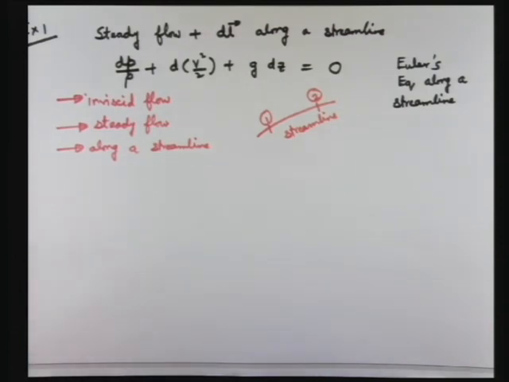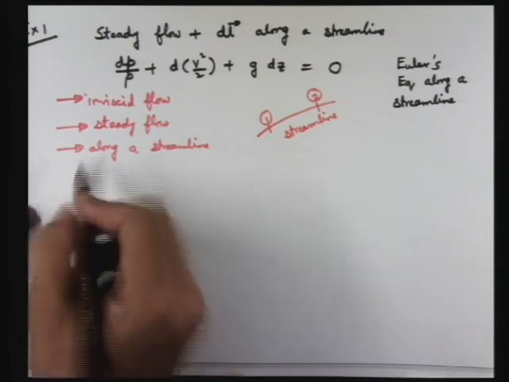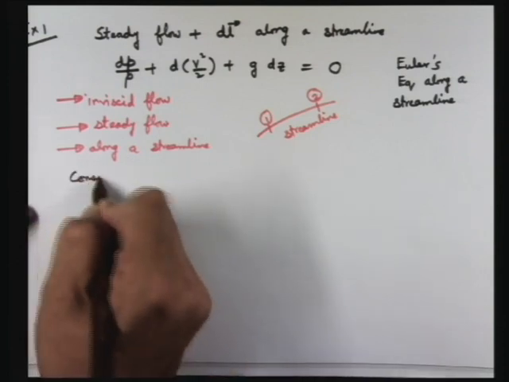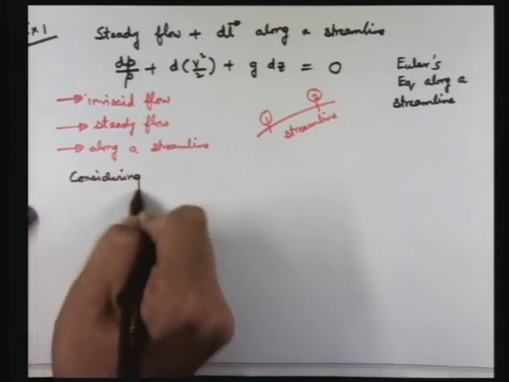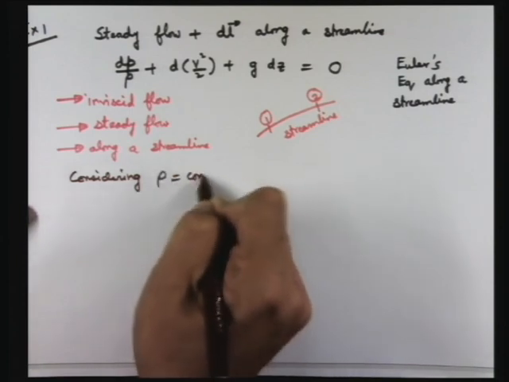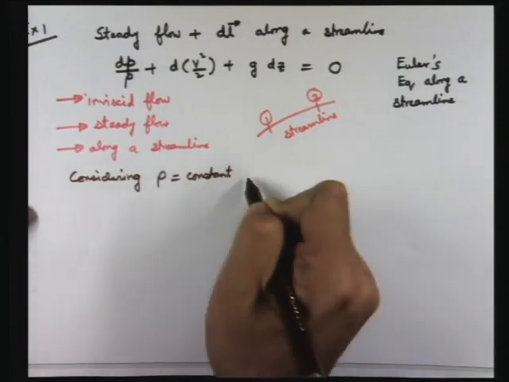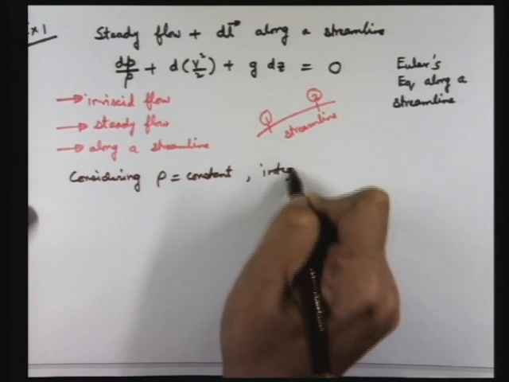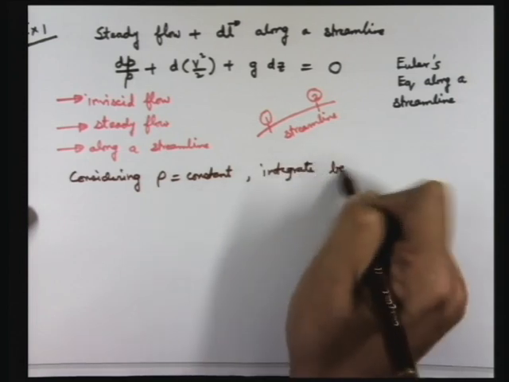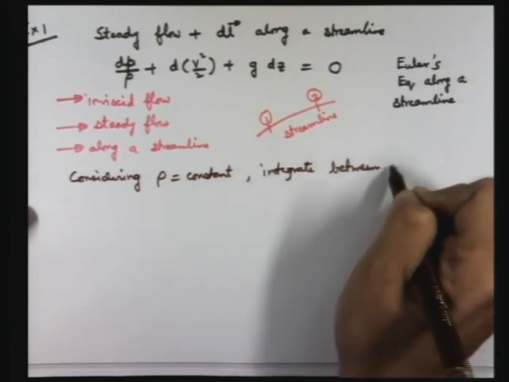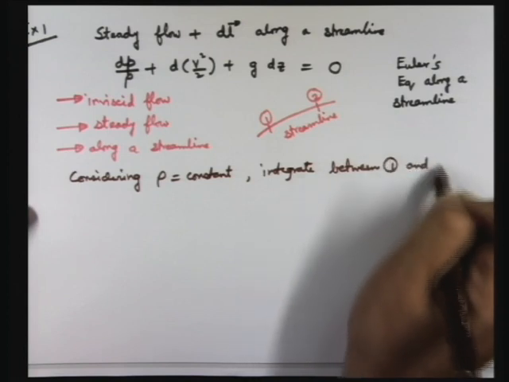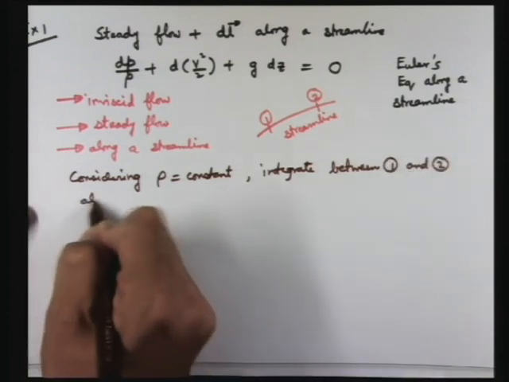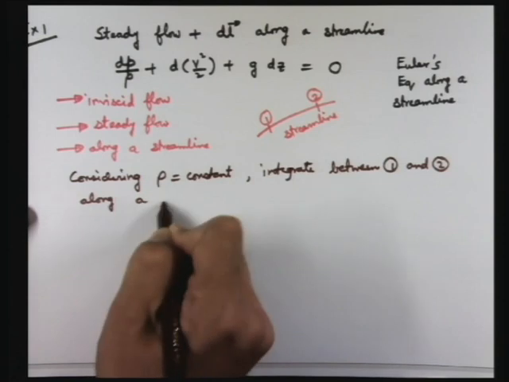Next, considering rho equal to constant, integrate between 1 and 2 along a streamline.